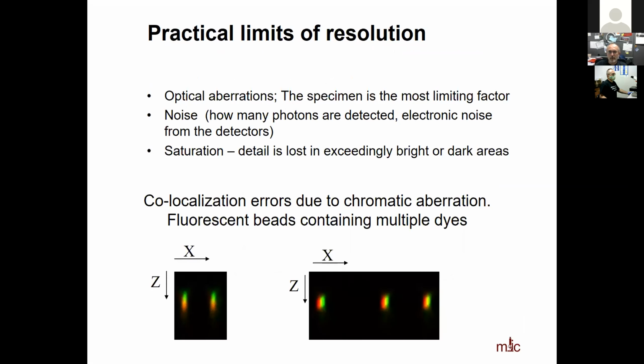So the practical limit of resolution is your aberrations, whether it's because the objective is not totally corrected, or you are using the objective for a sample that's not suitable for it. Of course, we also have noise from the cameras and noise from the sample, and the fact that sometimes the image is either too dark or too bright to be able to resolve anything.